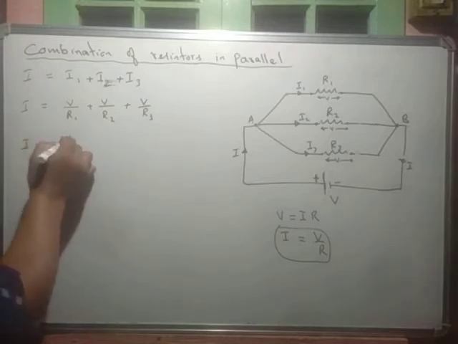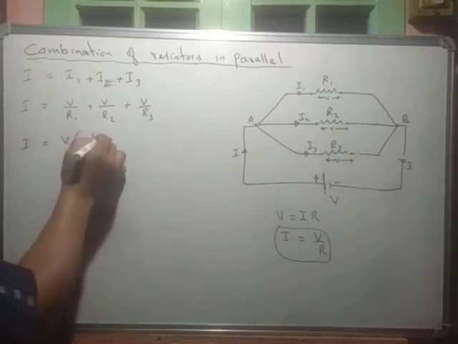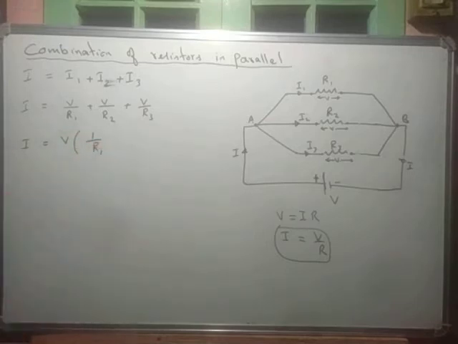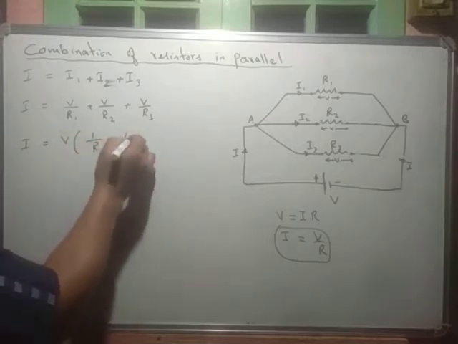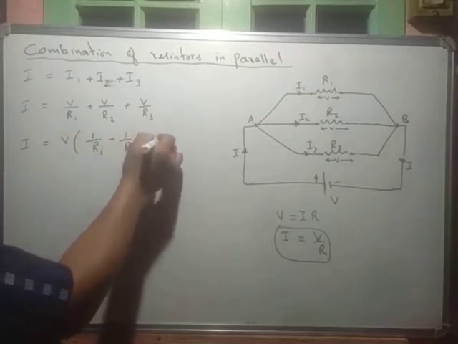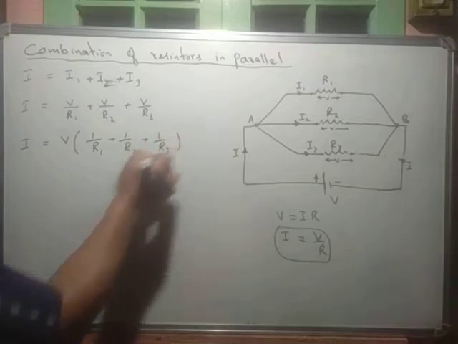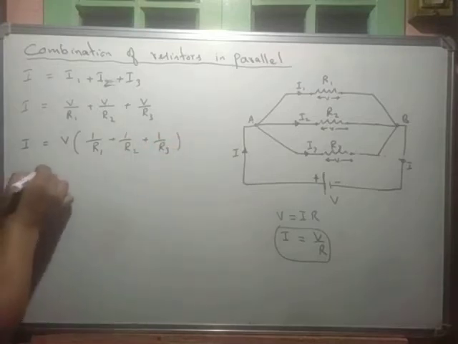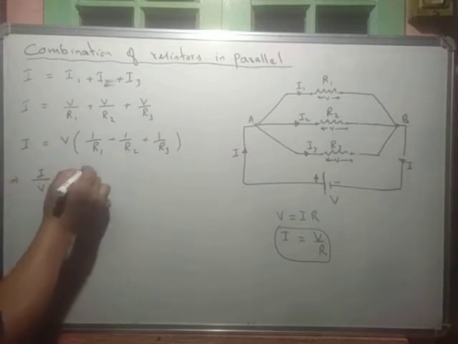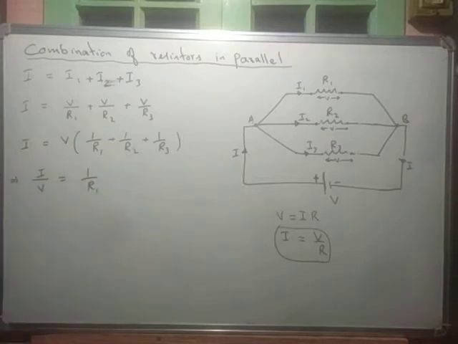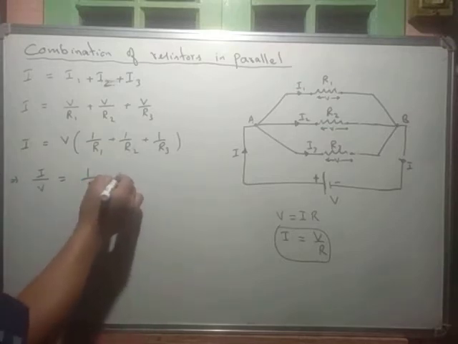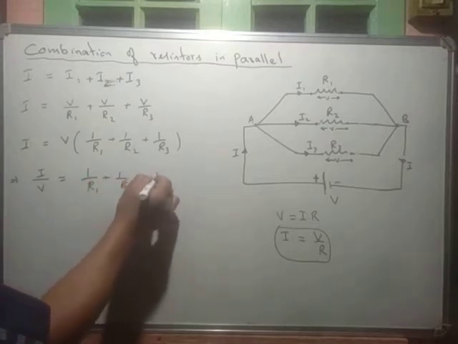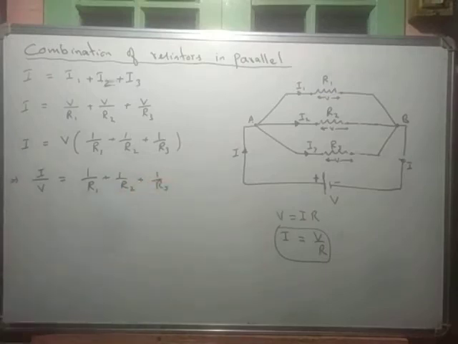Next, I will take V common, and inside the bracket I will have only 1 upon R1 plus 1 upon R2 plus 1 upon R3. Taking V to the other side, you will get I upon V equals 1 upon R1 plus 1 upon R2 plus 1 upon R3 on the right-hand side. Now what is this I and what is V?